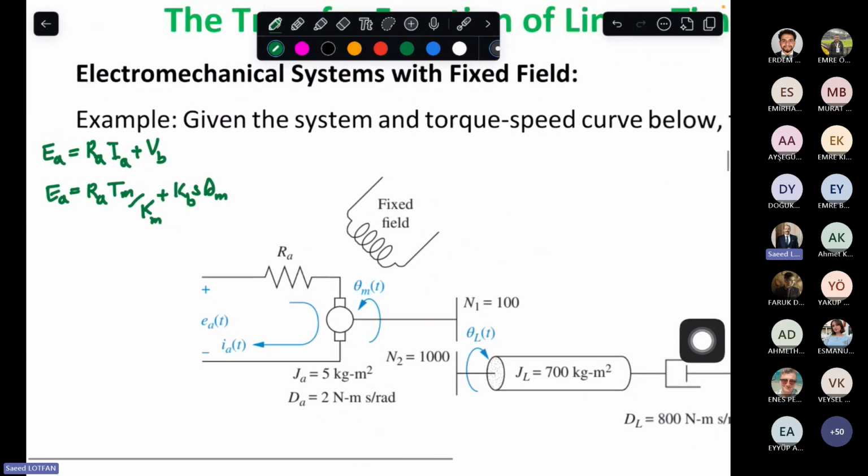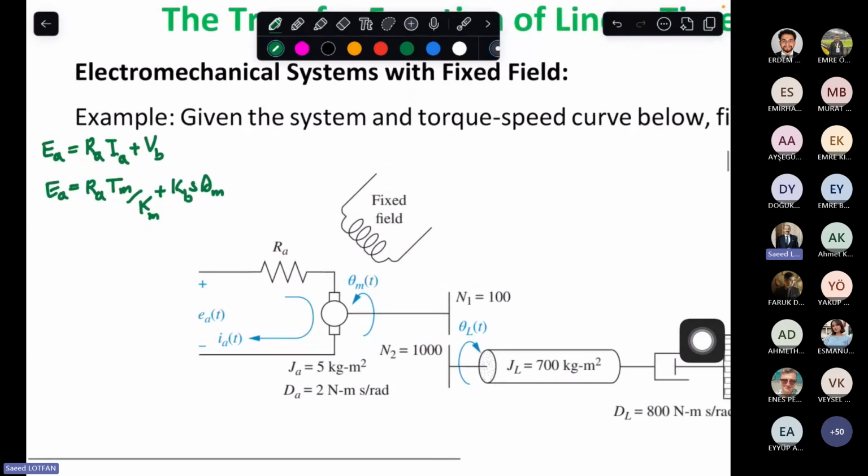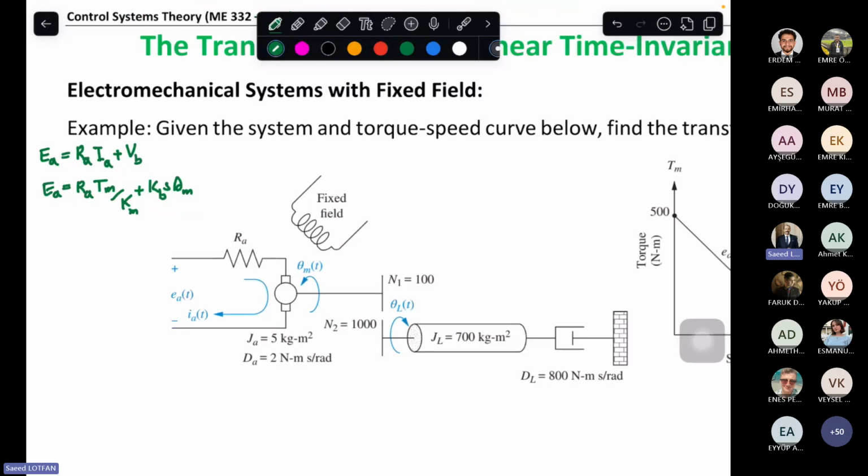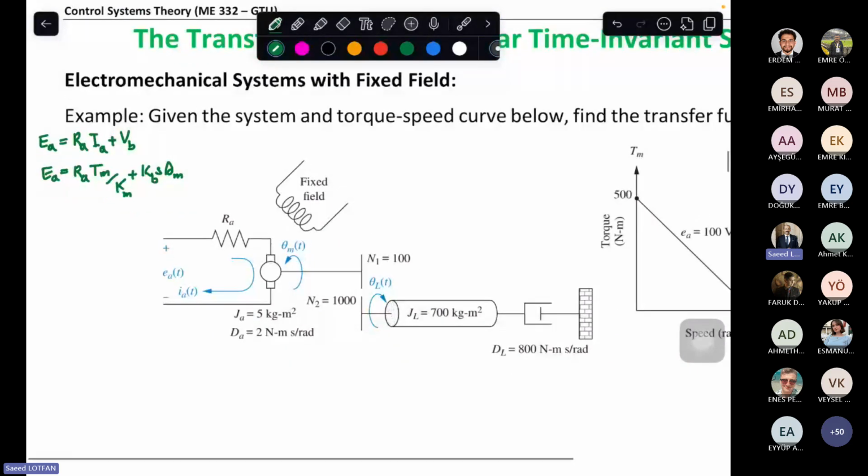Now I have to write the torque on the motor.